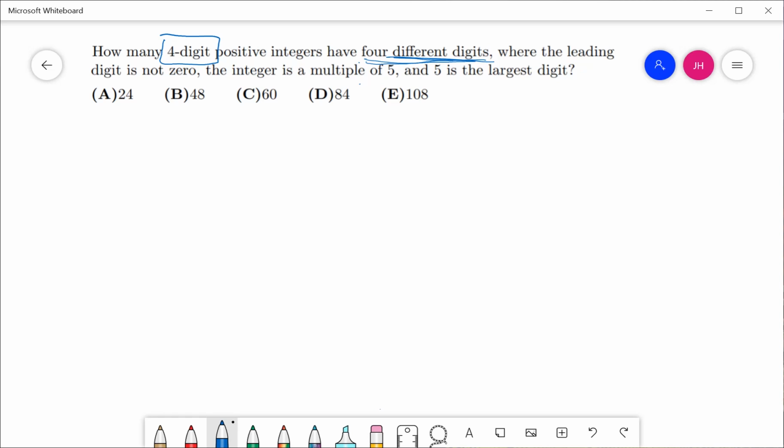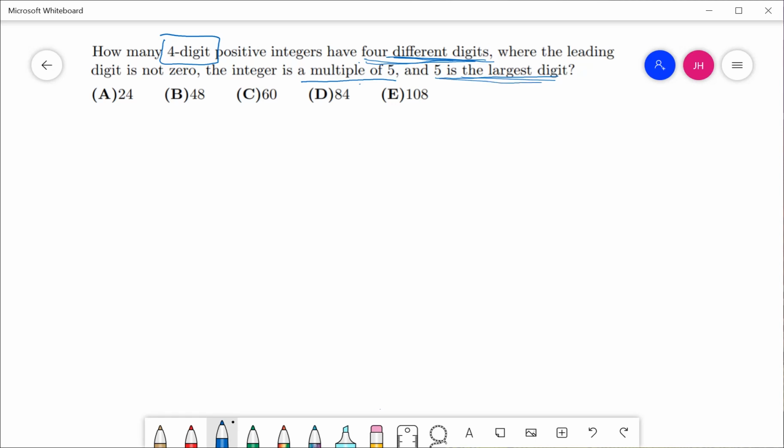It's a common requirement, so we will put this aside for the moment. A third major characteristic is that it is a multiple of 5. And the last one is 5 is the largest digit, so we should not see 6, 7, 8, or 9.